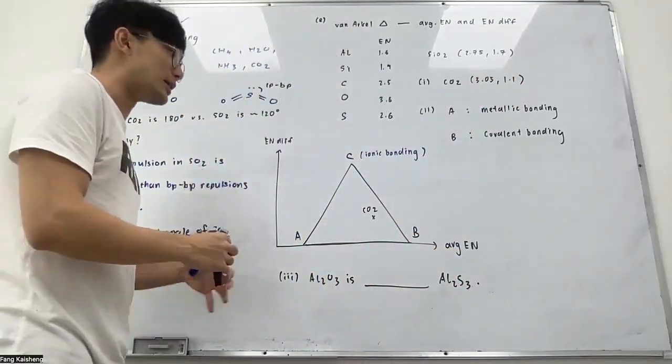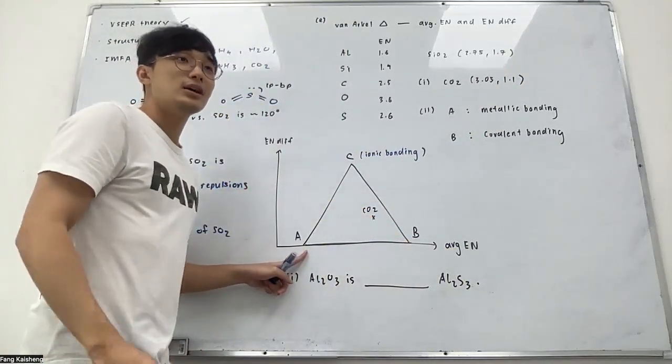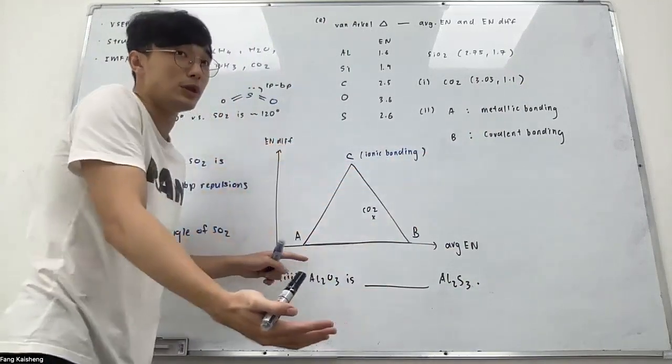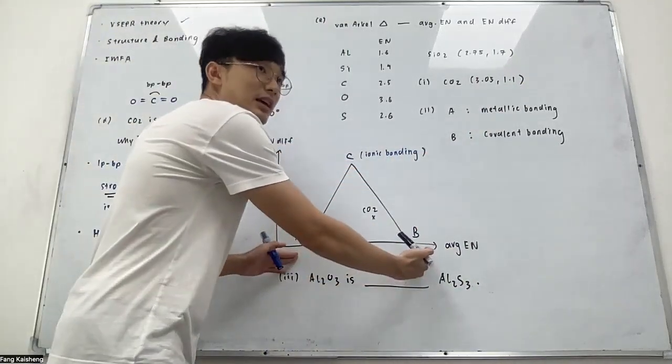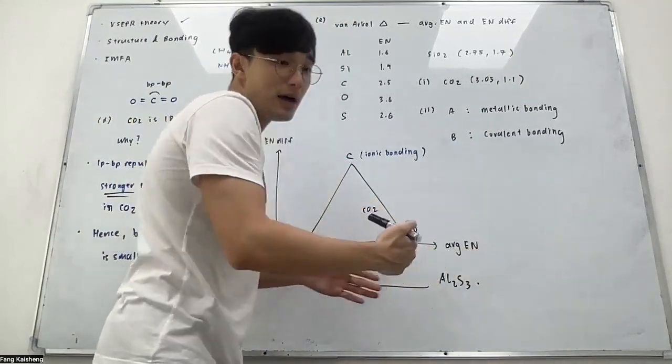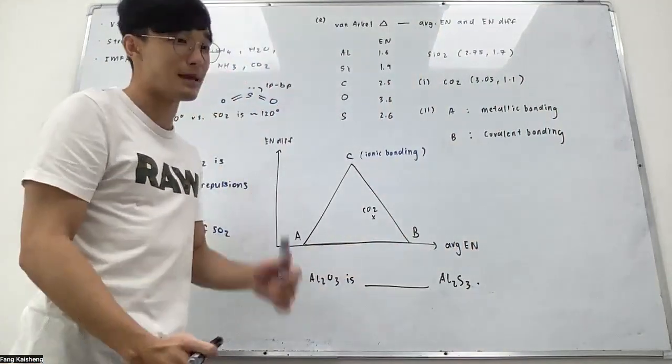But you have to understand P also has no difference in electronegativity, so it could also be covalent bonding, we don't know. The only difference between A and P is the x-axis. P has much higher average electronegativity. What does that imply?